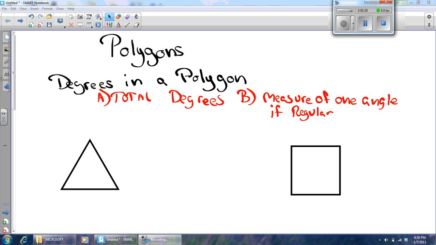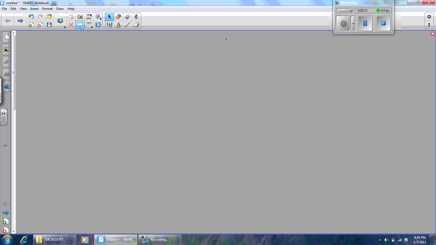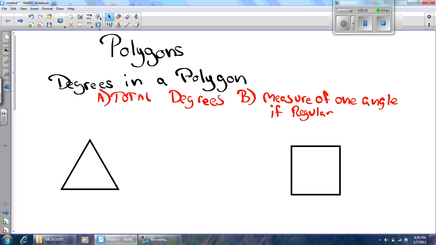Now, it's all based on triangles, but some of you may not know the degrees in a triangle. Well, let's stop and think about this here. Let's take something you probably do know. Let's take a quadrilateral, specifically a square, and let's see if we can figure out how many total degrees in a square.